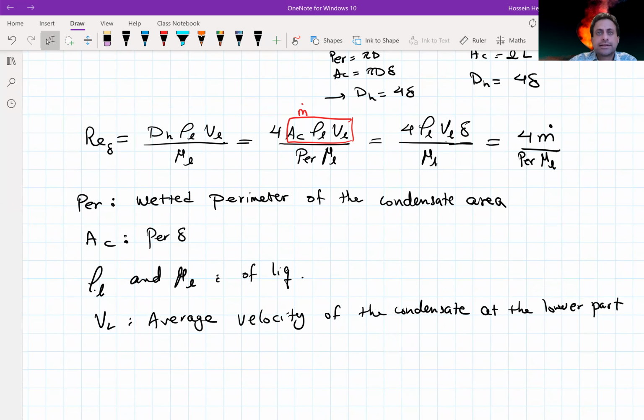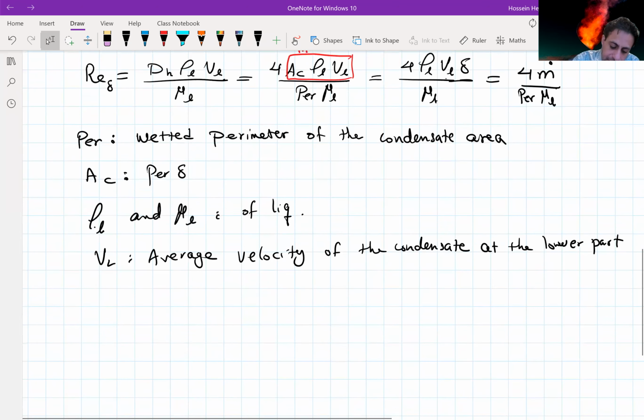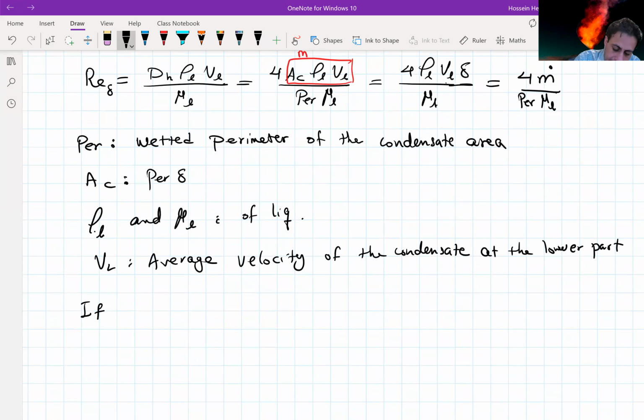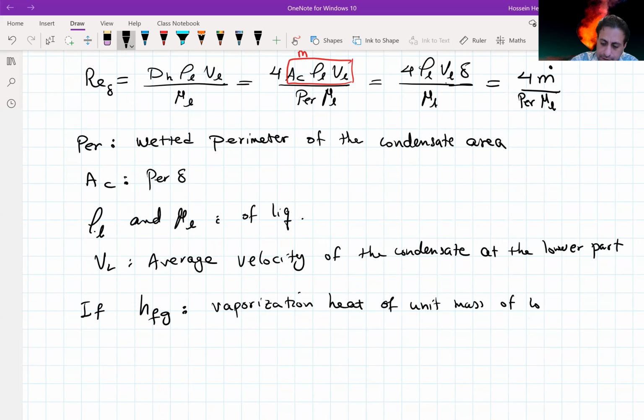Now, another thing that we can do here: let's assume HFG is the vaporization heat, the vaporization heat per unit mass of condensate volume.